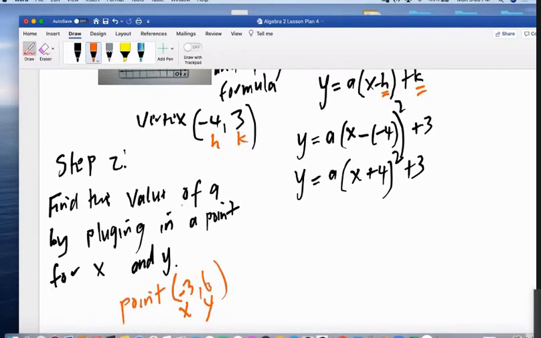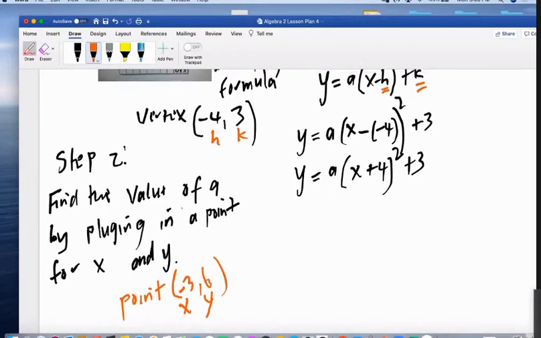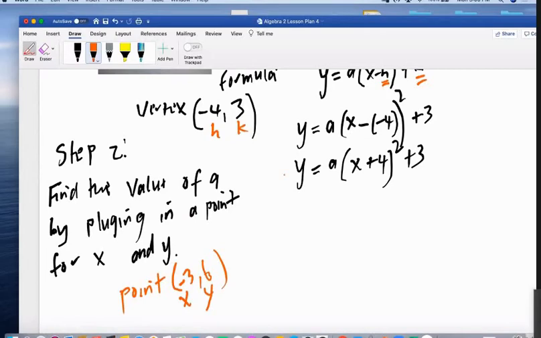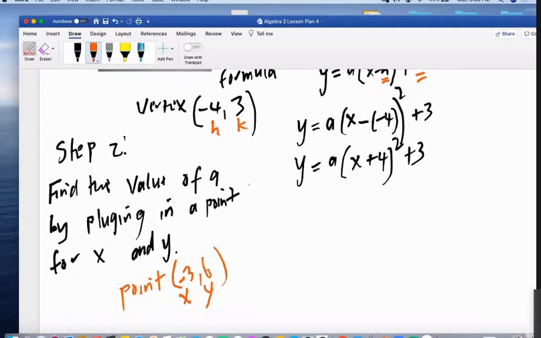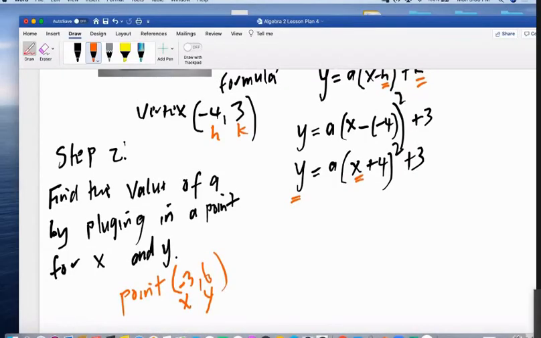It cannot be the vertex twice. The vertex the first time, and then another point other than the vertex. Plug that in, and that will let us find our A value. So can you guys go ahead and try that? So you're going to take our X and Y, and plug those 2 points in and solve for A. So that will be step 2.